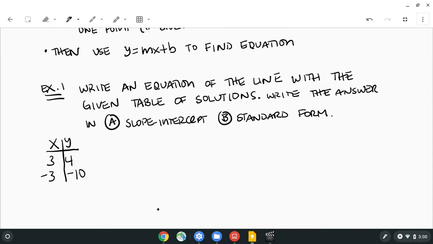So there are 2 parts to this problem. We need the slope, so we are going to use this formula.